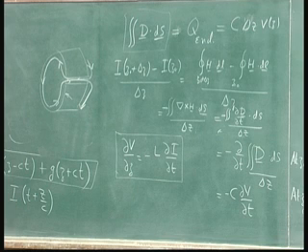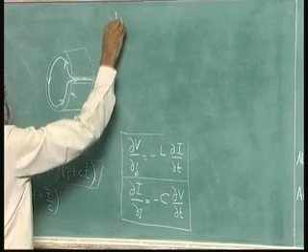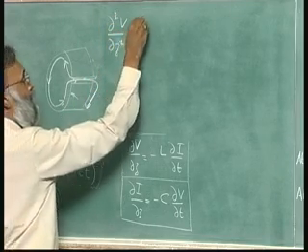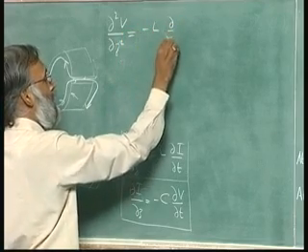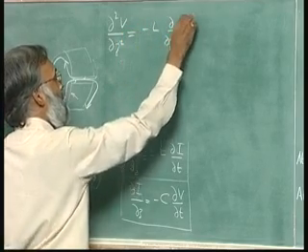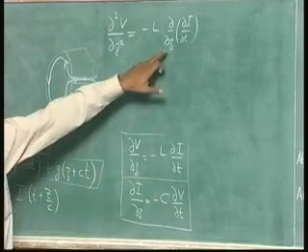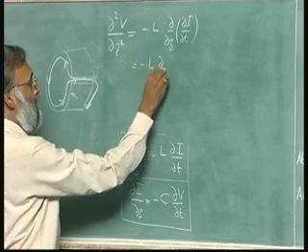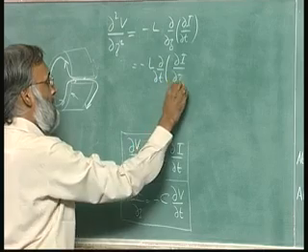I now take the z derivative of this equation. So what do I get? Del squared v del z squared is equal to minus L del del z of del I del t. I can interchange z and t, so I get minus L del del t of del I del z.